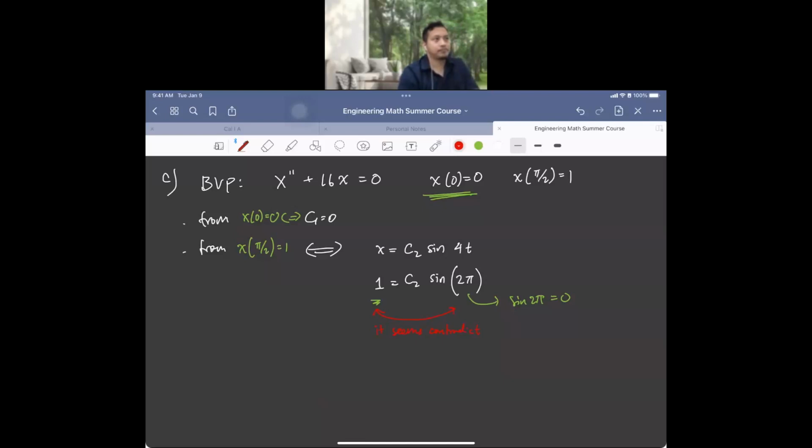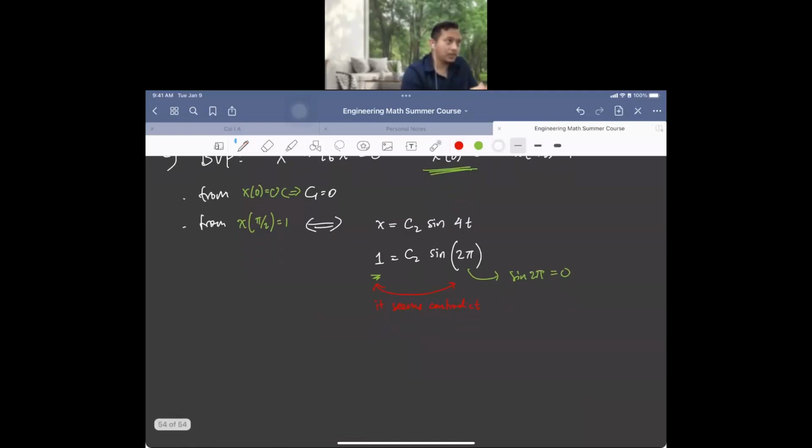Okay. Now, when we see these contradictions in some boundary value, we can say that within this BVP, this BVP has no solution. Okay. So first, it can be many solutions.